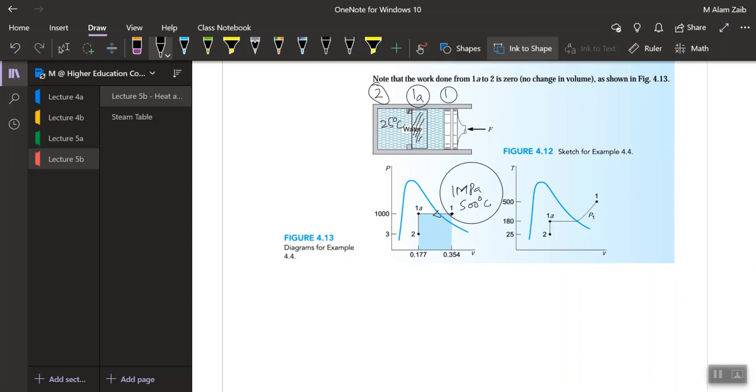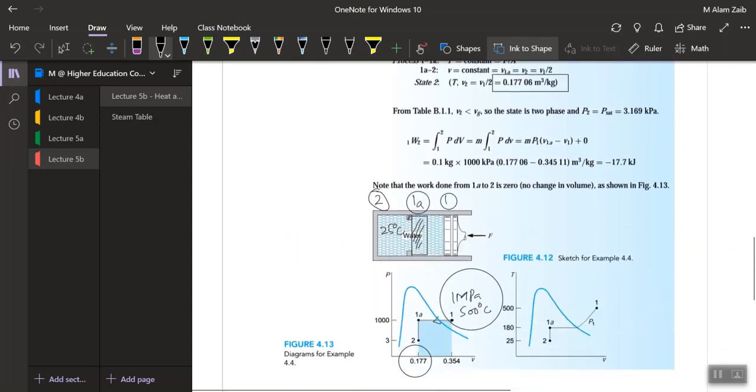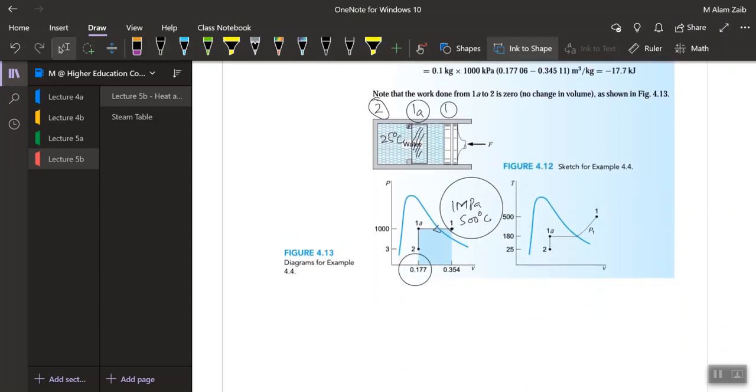So keeping the pressure constant and changing the volume to half of its initial condition, we have got a volume which is 0.17706. So now 0.17706 lies inside the vapor dome. So that means we are in a two-phase region or in a mixed state.